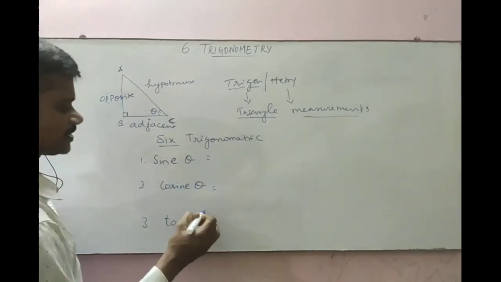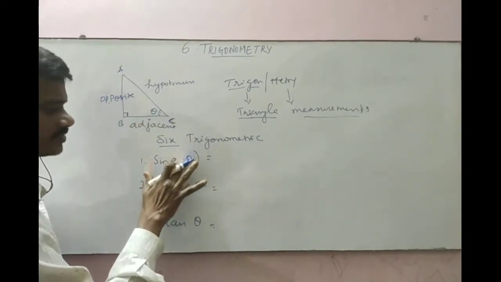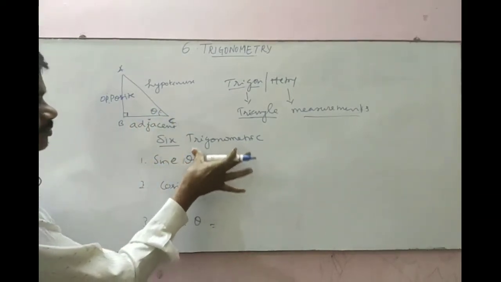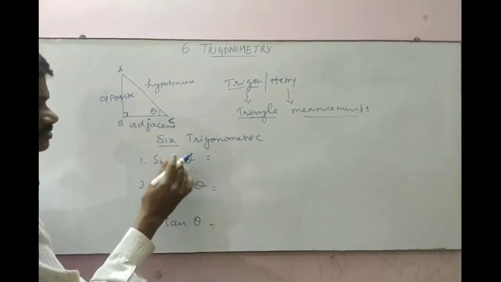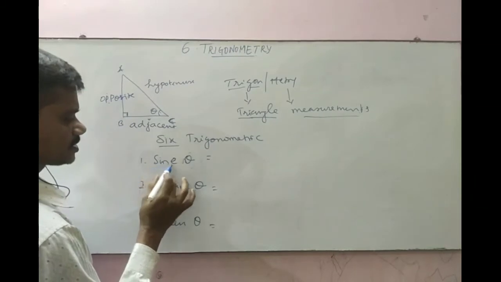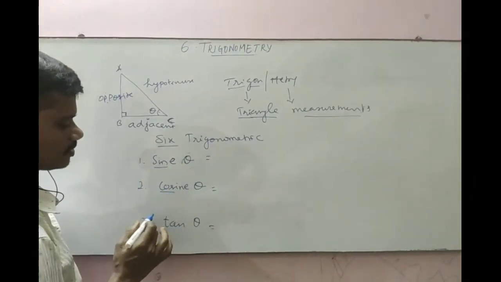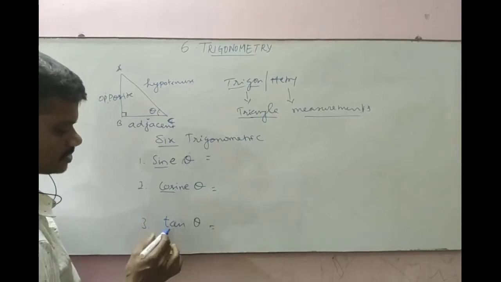This letter is called theta, which is used to name the angle. For sin theta, we use the 3-letter word only. For the cosine, we use cos.